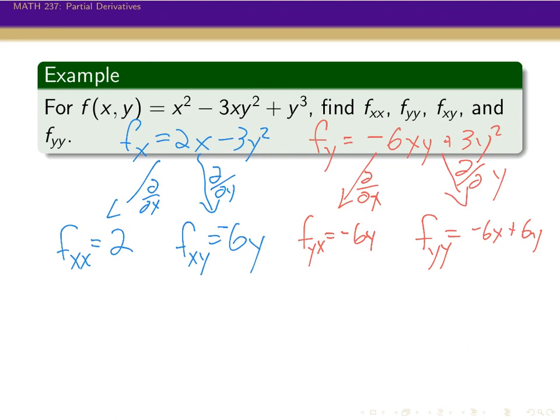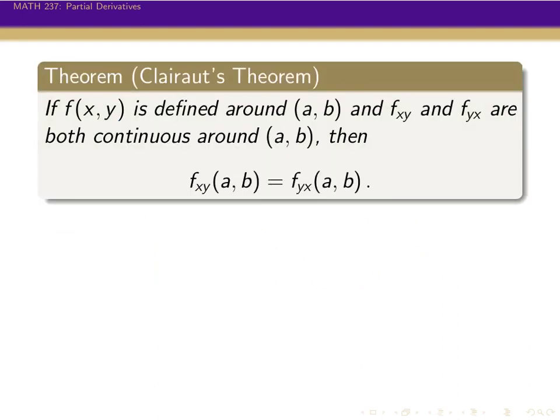Now if you look at this, the two mixed partials, f_xy and f_yx, ended up exactly the same. They're both minus 6y, right? Is that just lucky for this function, or does this always happen? The answer is it's always going to happen that way, as long as f of xy is defined around (a, b), and the two mixed partials are both continuous around (a, b).